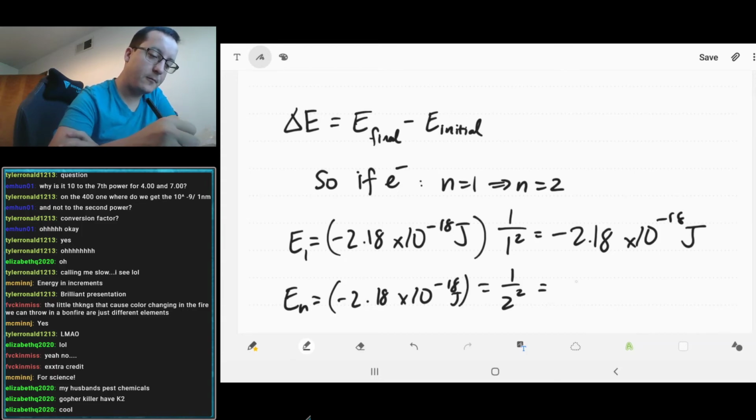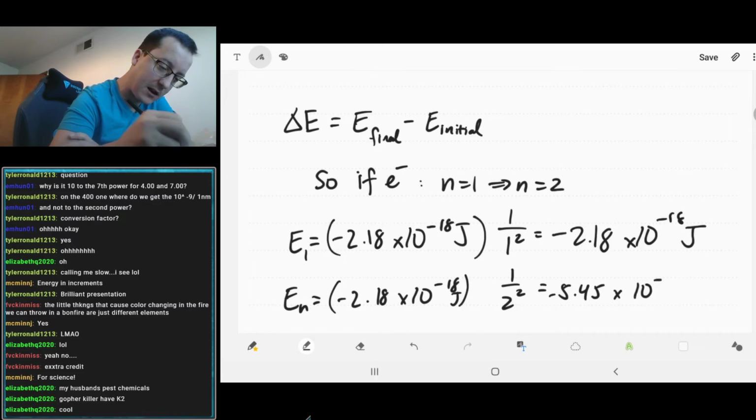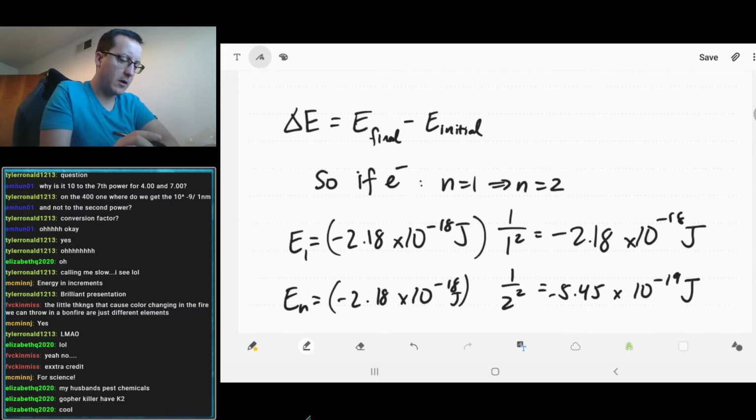This is not equals, by the way, that should be multiplied. That's going to be negative 5.45 times 10 to the negative 19 joules. Did I do that right?